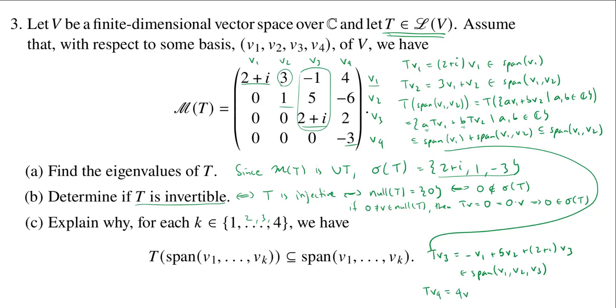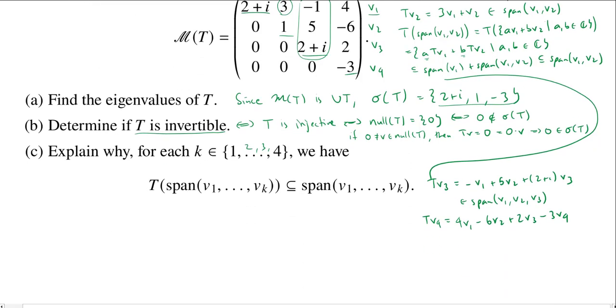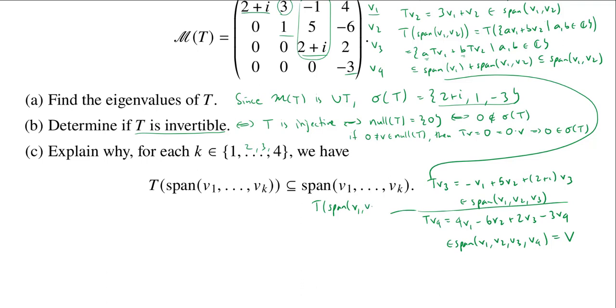This isn't terribly interesting anymore, because this is just some element in V, and the span of all of them is equal to V. So at each step along the way, we get that T of the span of v1 through vk is contained in the span of v1 through vk. There's nothing very interesting when k is equal to 4, because that just says that everything is in V, which it definitely is.